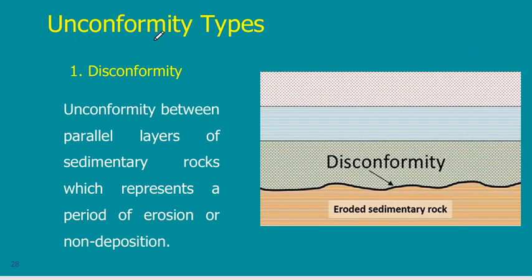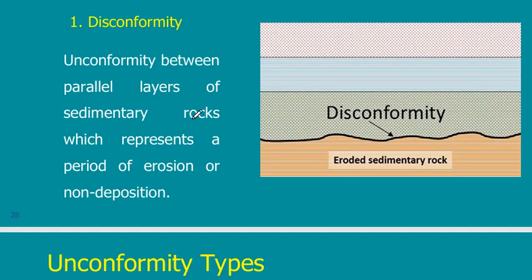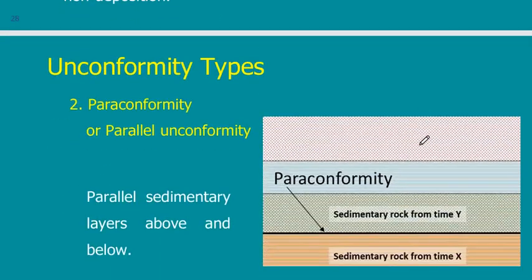This unconformity can be subdivided into 4 types. It is either disconformity. Disconformity means that there is a line of unconformity, but it is between 2 parallel layers of sedimentary rock. This is sedimentary and this is sedimentary, so this is called disconformity.